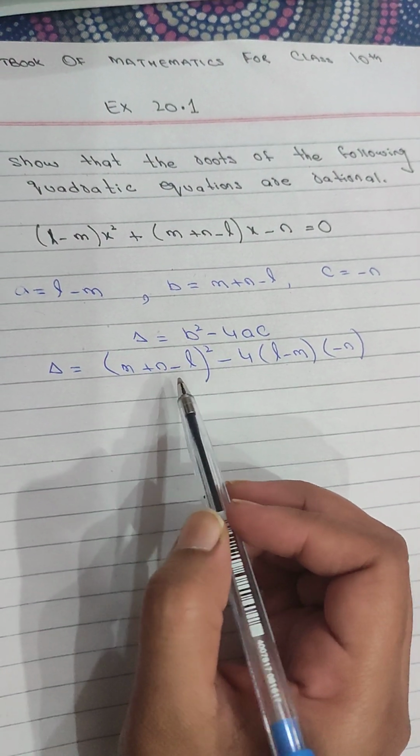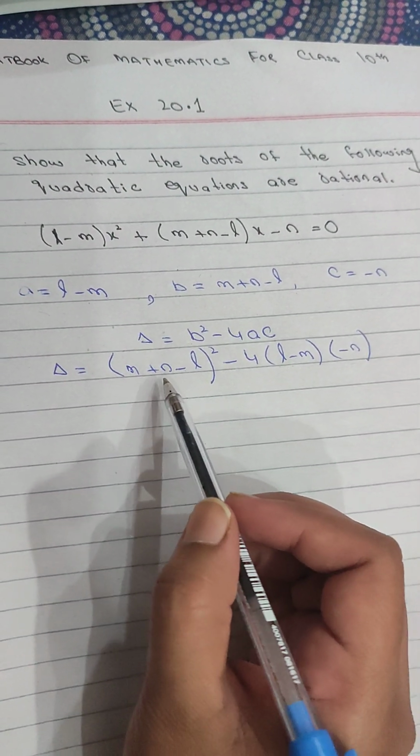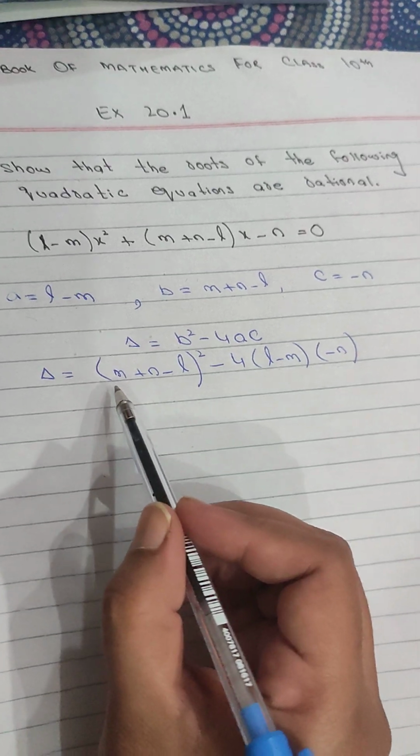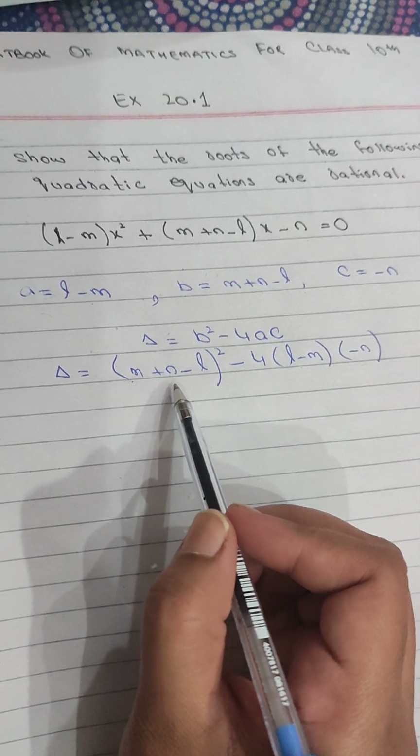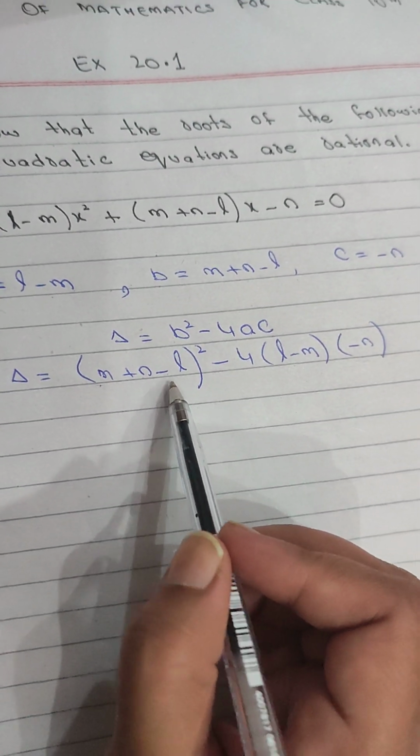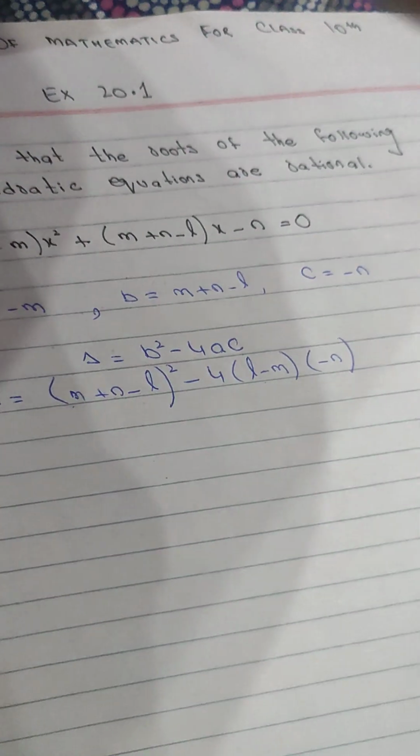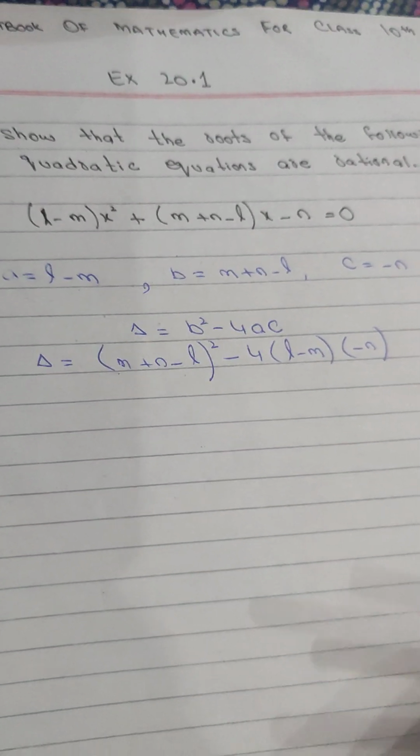In this bracket you can see we have to apply the formula of a plus b plus c, where a is m, b is n and c is minus L. So let's start. Let's write the formula first.